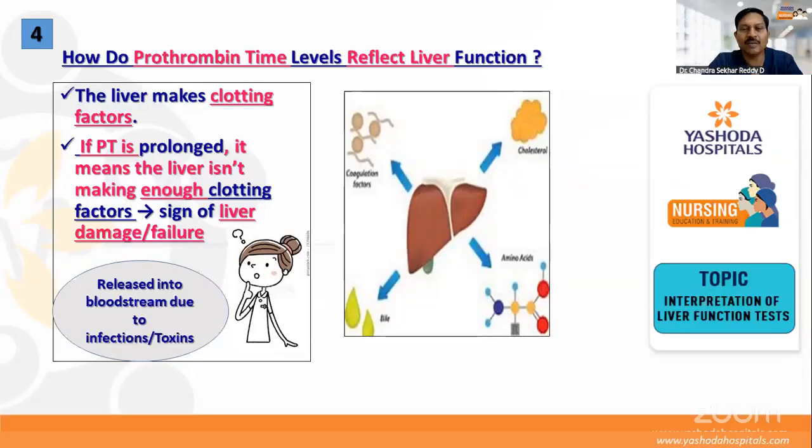PT may vary from lab to lab, but if the INR is more than 1.5, that indicates severe liver damage. This is the alarming warning sign that the liver is severely damaged. And we request all the nurses to remember the expansion: INR is International Normalized Ratio. Please remember this.